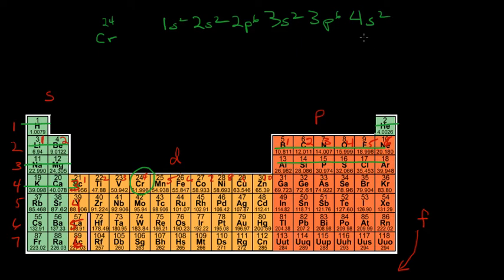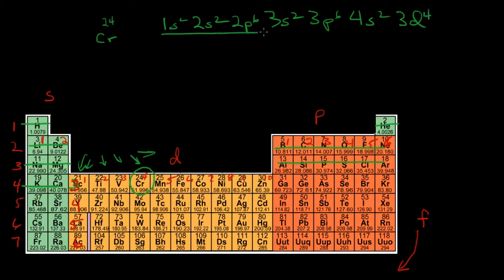Okay. All right. That being said, let's continue. And so we left off at 4s2, and then it's going to be 3d, right? 3d, and then now you just count your spaces to get to chromium. So this is D1, D2, D3, and chromium's at D4.